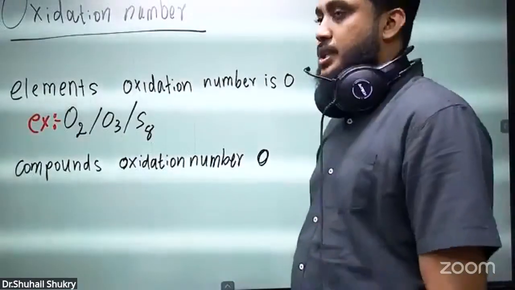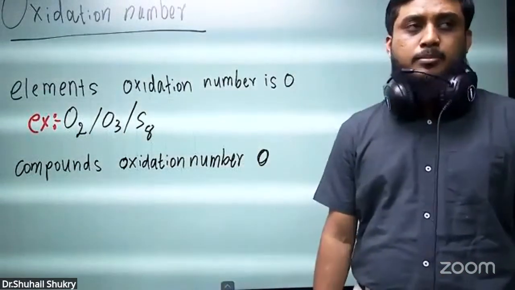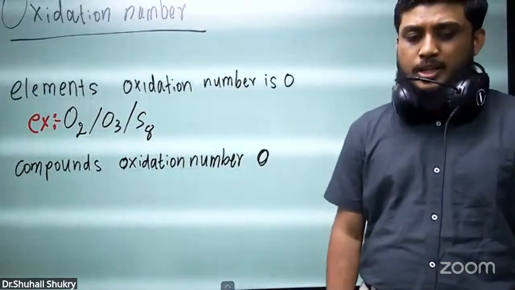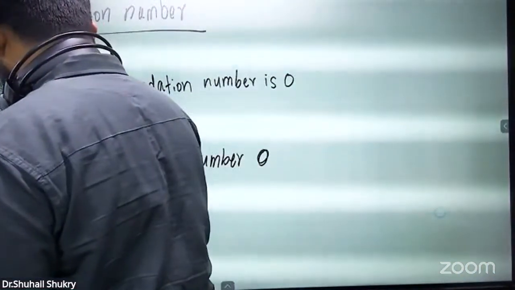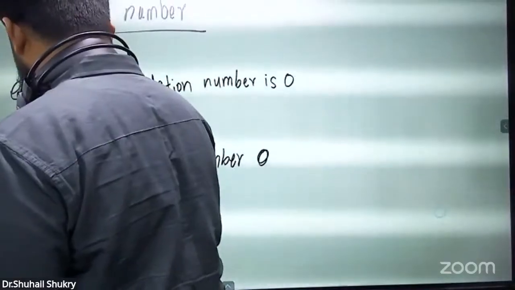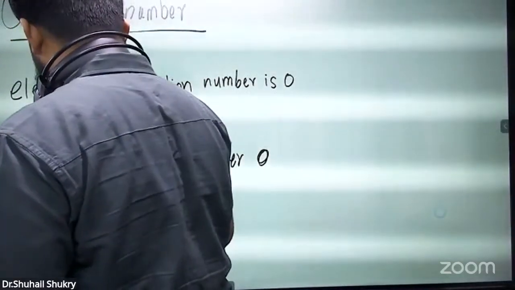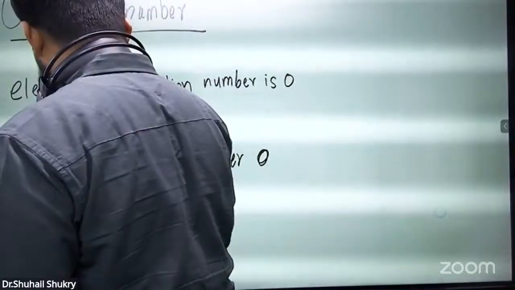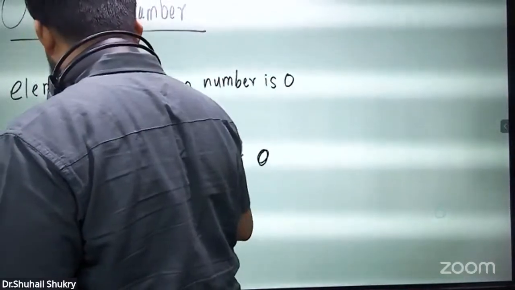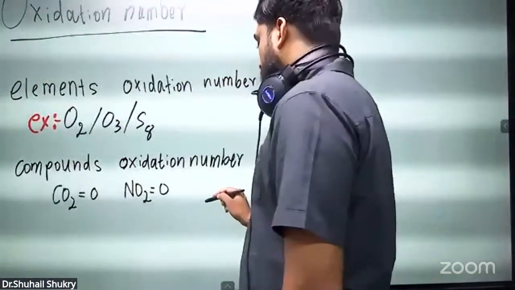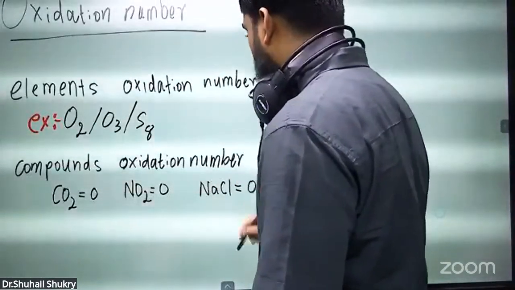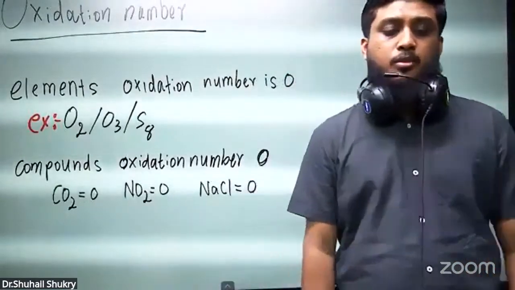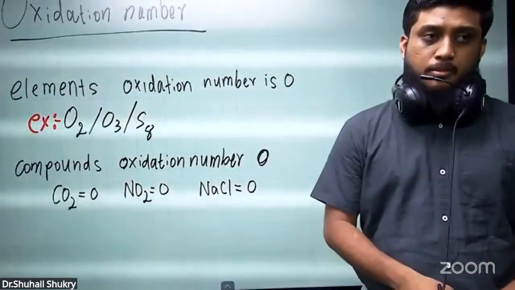For example, if they ask what is the oxidation number of CO2, it is 0. NO2, oxidation number is 0. Sodium chloride, what is the oxidation number? 0. Any compound's oxidation number is 0.